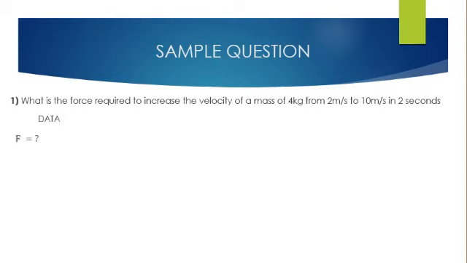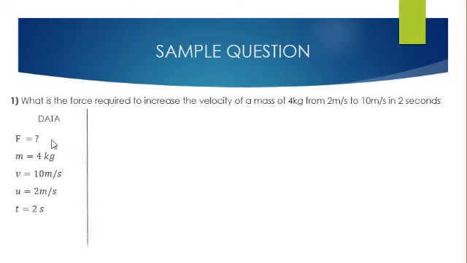The question sounds complex, but before we do any interpretation, let's just get the data we've been given. We're required to find the force, so we don't have the force. Our mass is 4 kg. Our final velocity is 10 meter per second. Our initial velocity is 2 meter per second. Our time is 2 seconds.